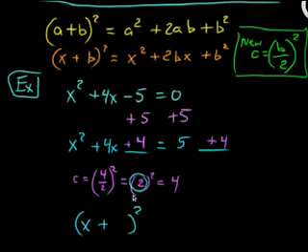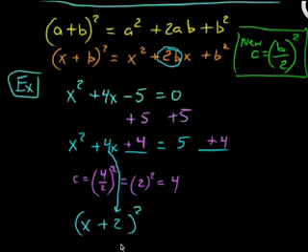Before I squared, I had a 2, so this should be a 2. (x plus 2) all squared is in fact equal to this trinomial. Another way to look at it is that it's half of my x linear term's coefficient. It should have been half of this 4, and half of 4 is also 2.